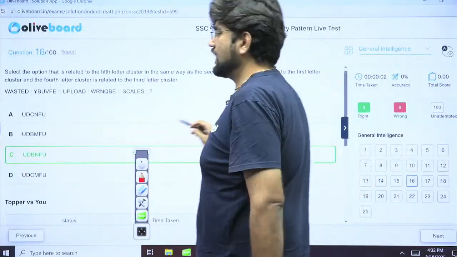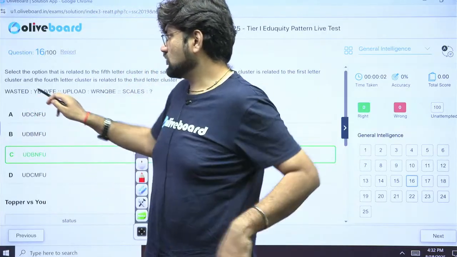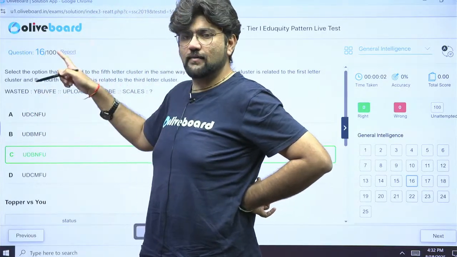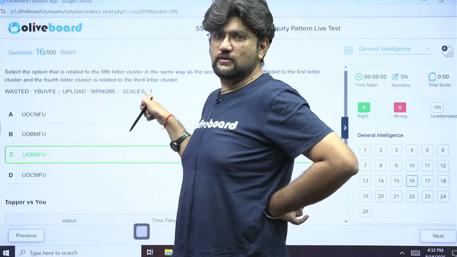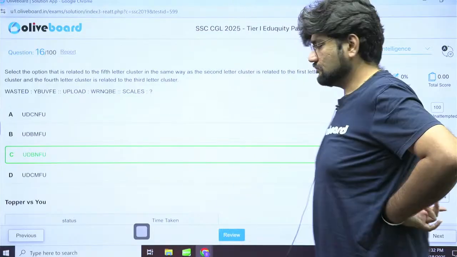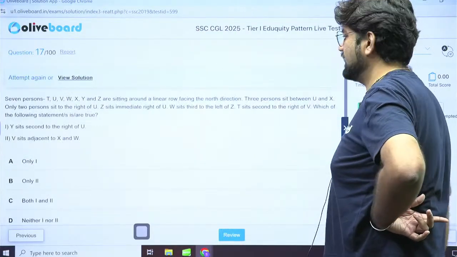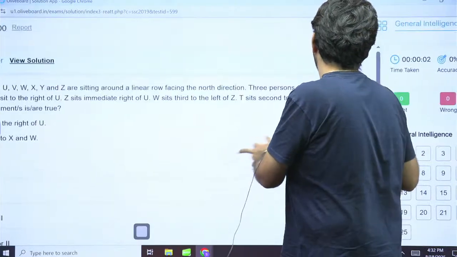Maybe the person took some time to figure out what exactly is happening here, because it was not vowel consonant. So the first thing which comes to your mind is vowel consonant. The next thing which comes to your mind is probably the last letter is also following plus 1, but that's not happening because you can observe from the options. Okay. So next could have been even, odd and double single digit. Next.